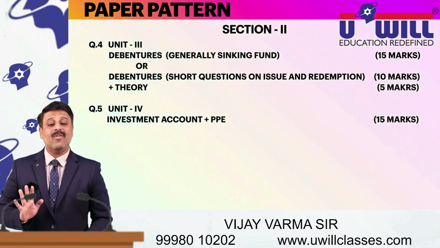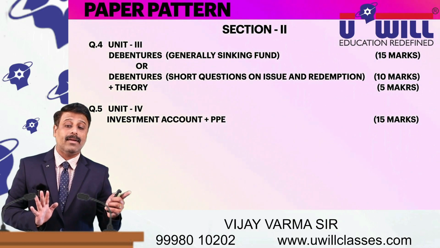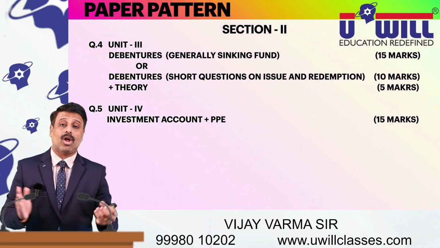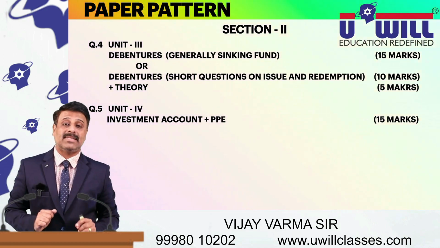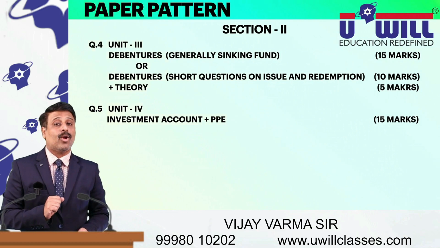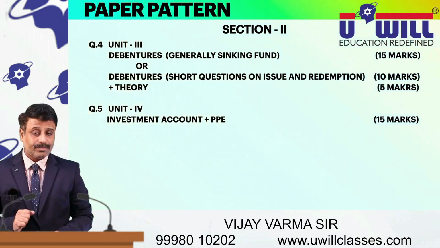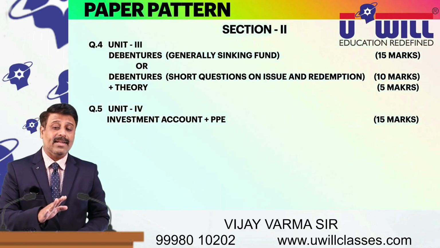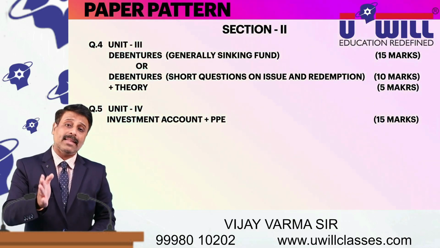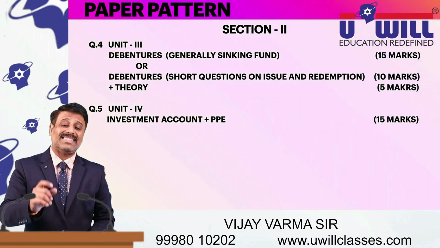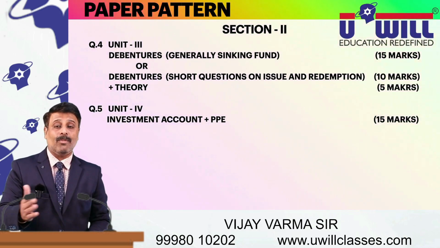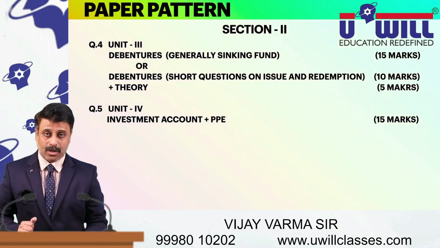So normally you find that either an investment account or a property, plant and equipment account or a combined question of 15 marks is asked. In this unit, actually it is very difficult to leave anything in option. I'll guide you further why. But generally we find that either there is a full-fledged question of investment of 15 marks, and there have been exams where there was a 10 marks question of investment combined with 5 marks theory from property, plant and equipment or lease accounting.